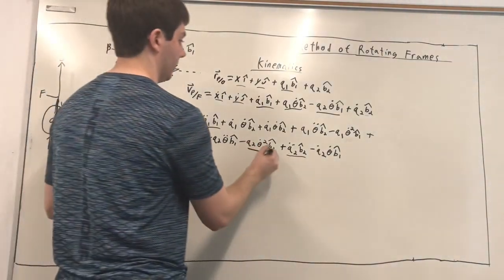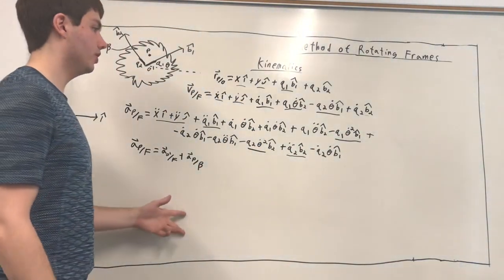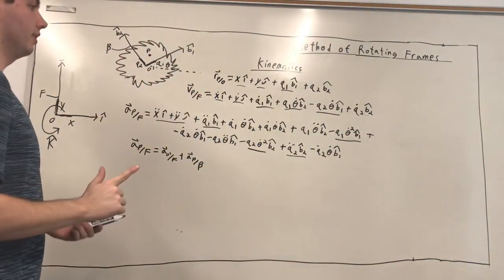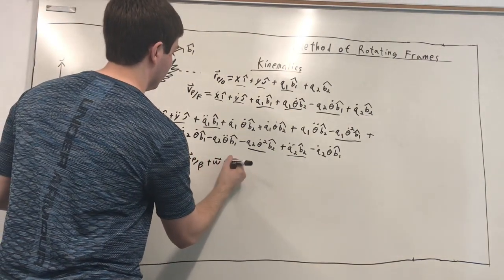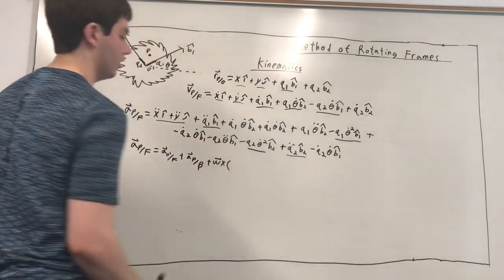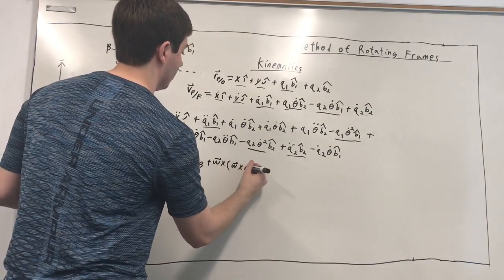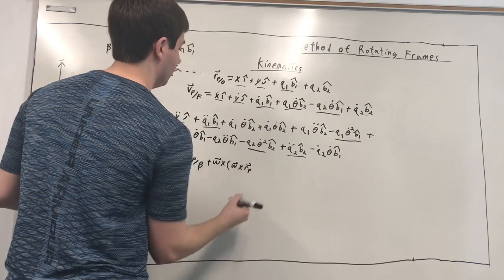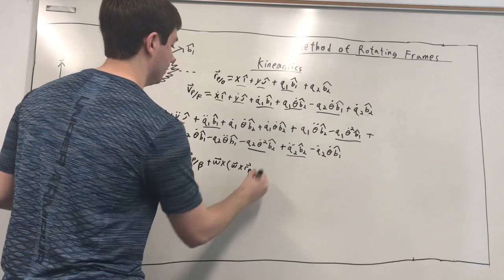How about that? Okay, so this, using the same derivation and right-hand rule we used earlier, comes out to be omega crossed with the quantity omega crossed r of p with respect to O prime.